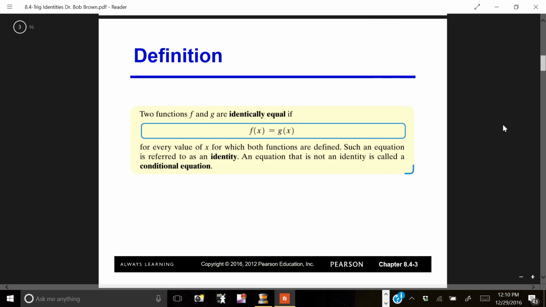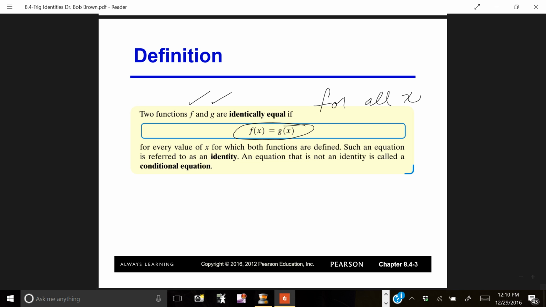Now, first of all, let's have the definition of what an identity is. Two functions, f and g, are identical if and only if f of x equals g of x for all x, not just some x.